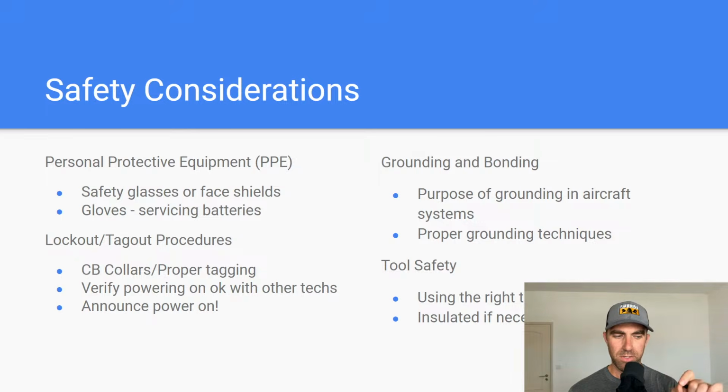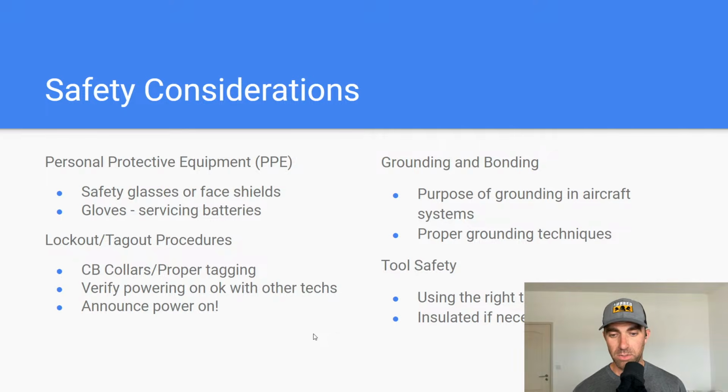You get a red collar to put on the circuit breaker so that no one can push it in, and they can clearly see that you don't want anyone to turn on power to that system specifically. But it's also saying that you can put power on the rest of the system. You just want to make sure that system is isolated from the rest of the aircraft in case other people are working on it.